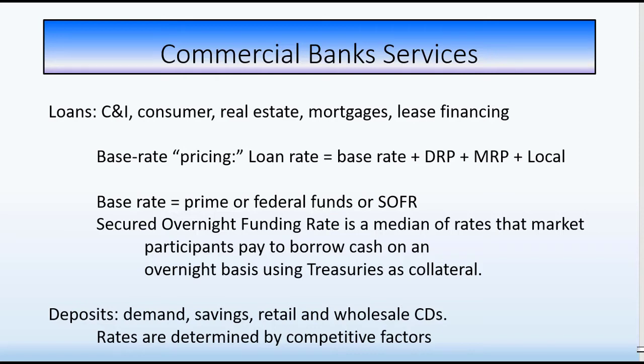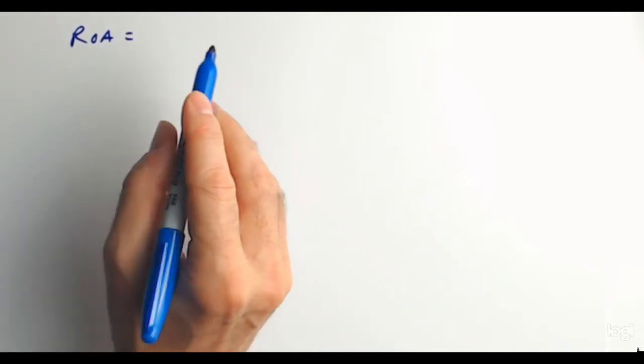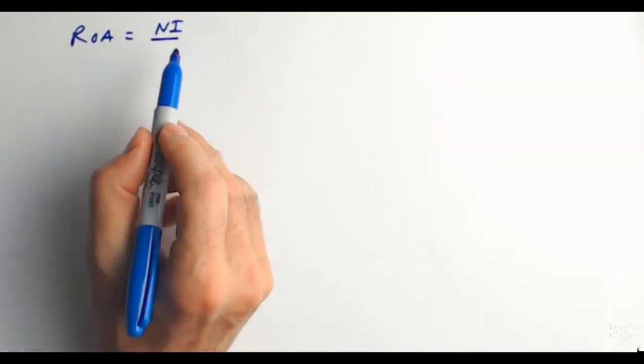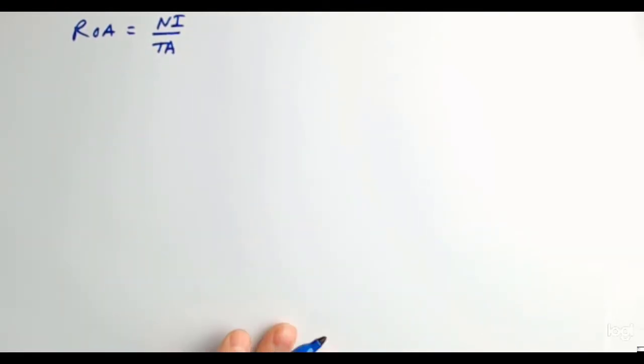Okay, so now let's clean this up and let's take a look at bank profitability. The first thing we want to look at is return on assets, which is equal to, at least the simplest way to calculate, is net income divided by total assets. And I say it's the simplest way.